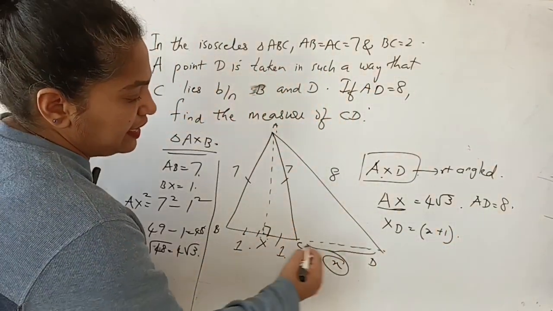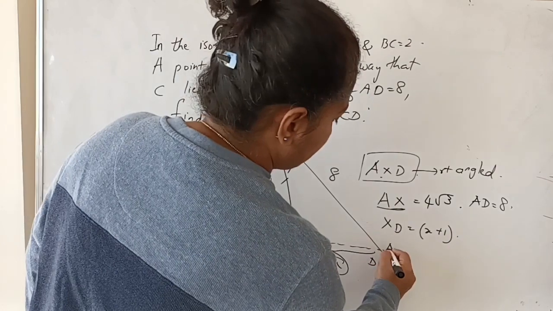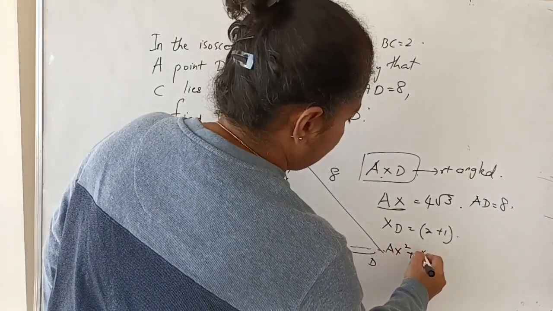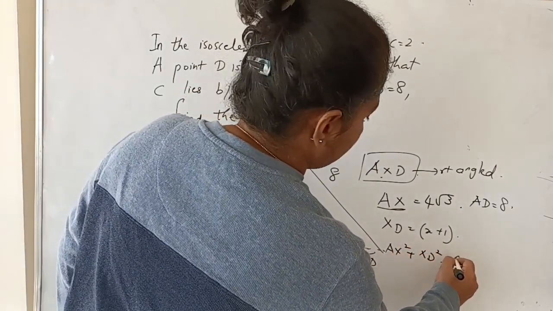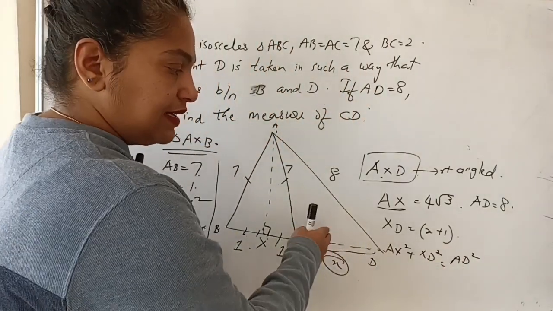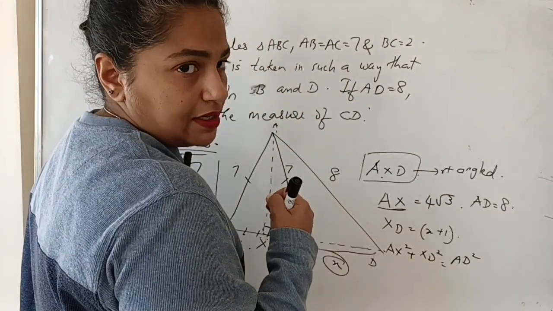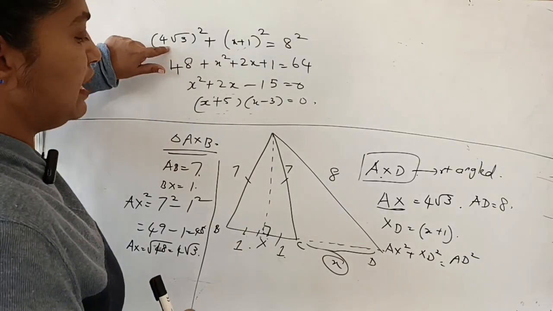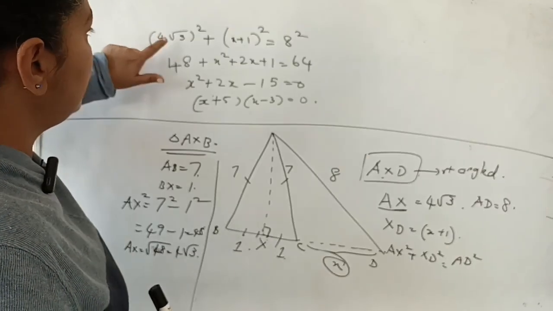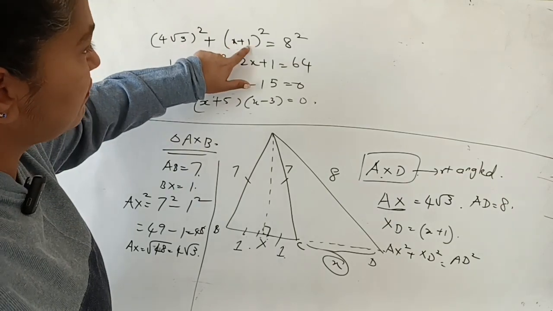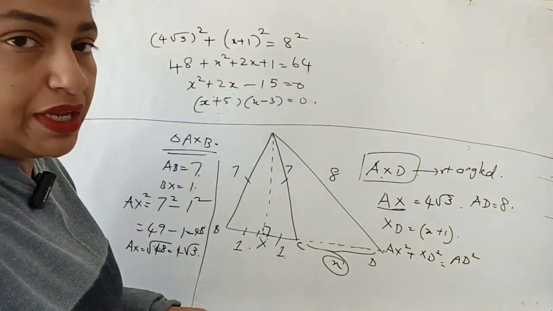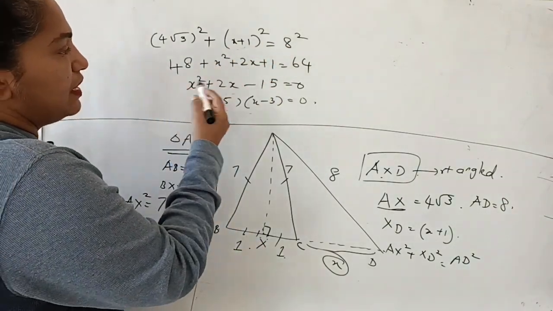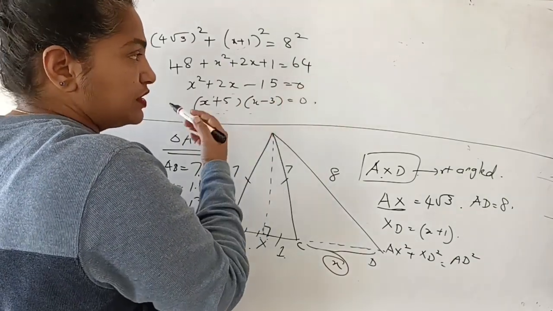Now, for the triangle AXD, you know that AX square plus XD square is equal to AD square. Let us substitute the values and see what we are getting. Here, I have substituted the value of AX, XD and AD: 4 root 3 the whole square plus x plus 1 the whole square is equal to 8 square. I have opened the brackets and now I have transposed all the terms to the LHS.